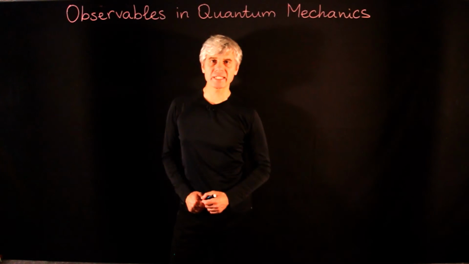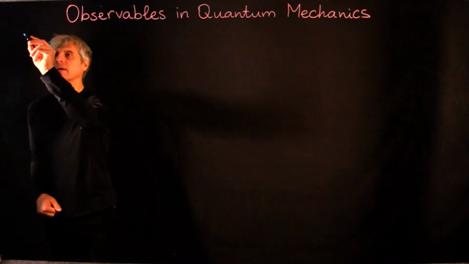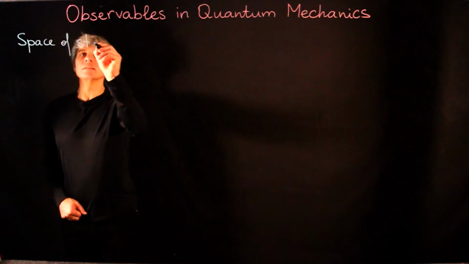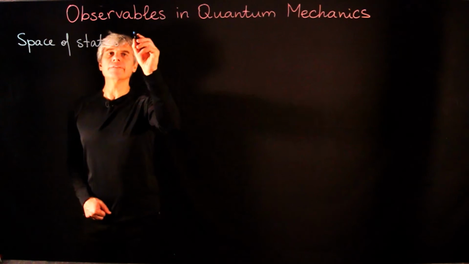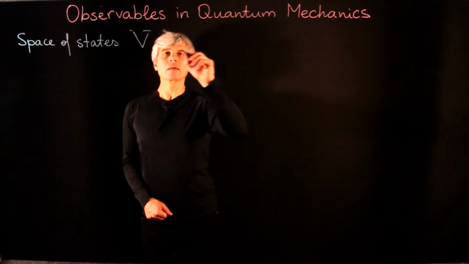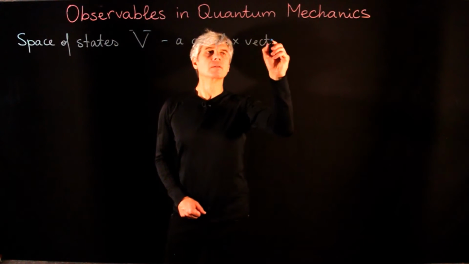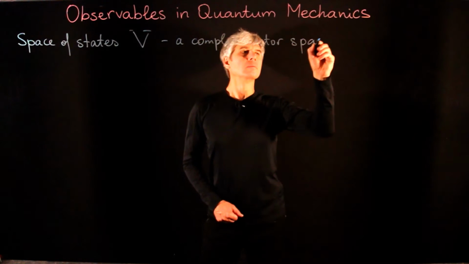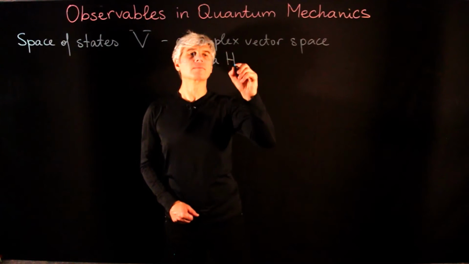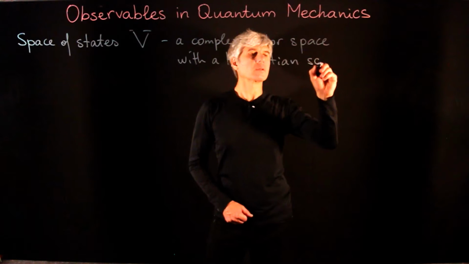In this lecture, we will discuss observables in quantum mechanics. So let's recall that in quantum mechanics, the space of states V is a complex vector space with a Hermitian scalar product.